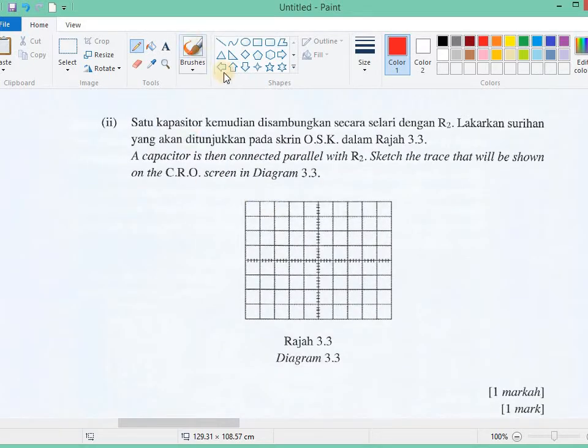Okay, so when got smoothing, to help us draw the diagram for smoothing, we can draw a dotted line for the original trace. Okay, we draw the original trace.